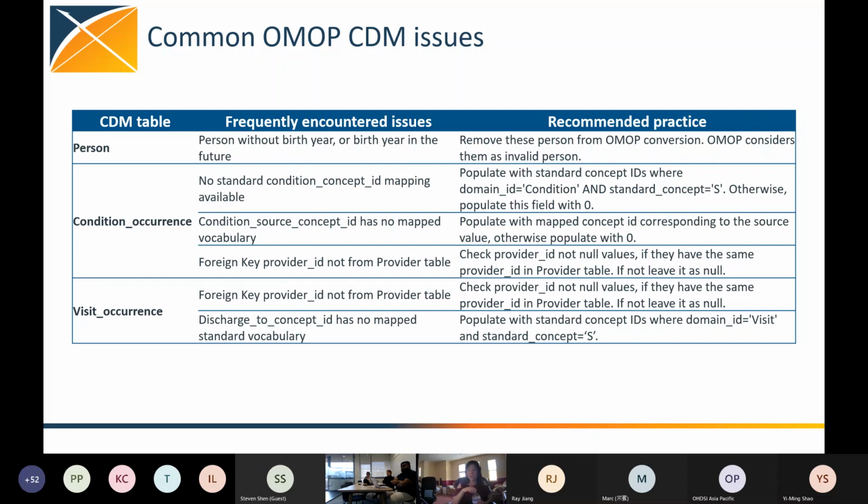So you'll notice a lot of these, like the shard to concept ID, they've done a lot of changes to the visit table. So if your OMOP CDM was mapped more than 2 years ago, you may want to go look at your visit occurrence table. They've changed the visit type, like the place of service, as well as the types of visit that exist.